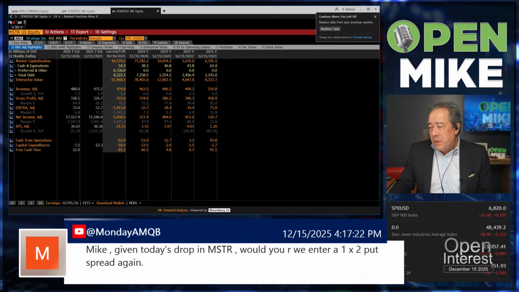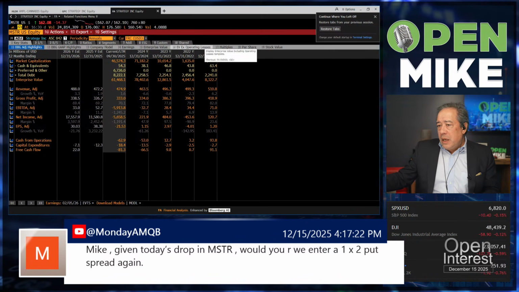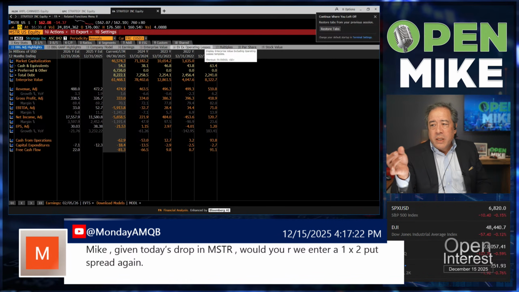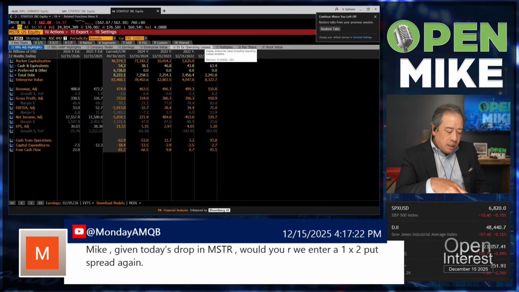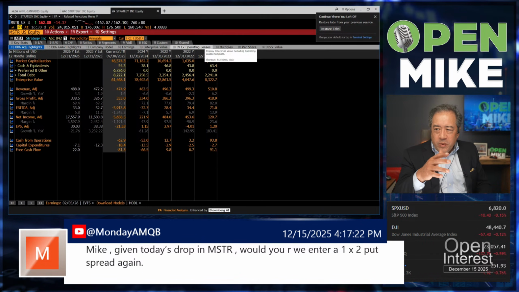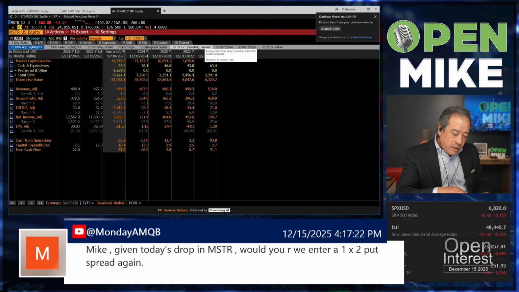Strategy is levered to Bitcoin, and we're at a $61.5 billion enterprise value. But remember, as I pointed out, about $3.2 billion is almost near convertible at the current level.